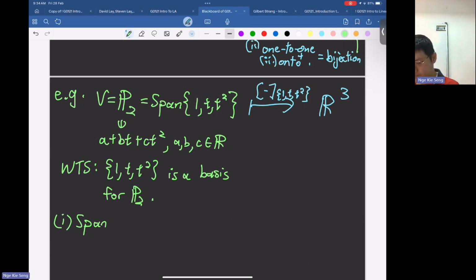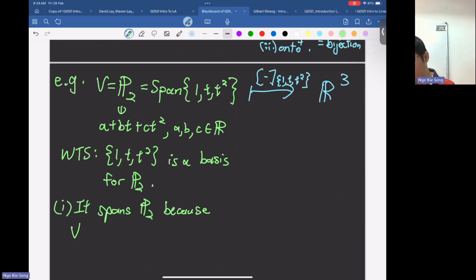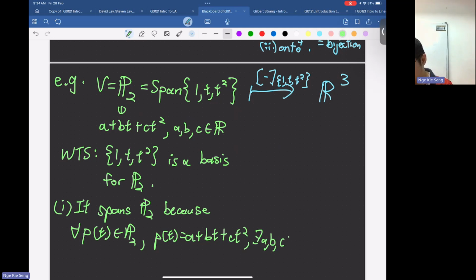So what's the span here? For every p(t) in P2, we can write it as p(t) equals A plus Bt plus Ct squared for some A, B, C. This one is easy because we know that every element looks like this.